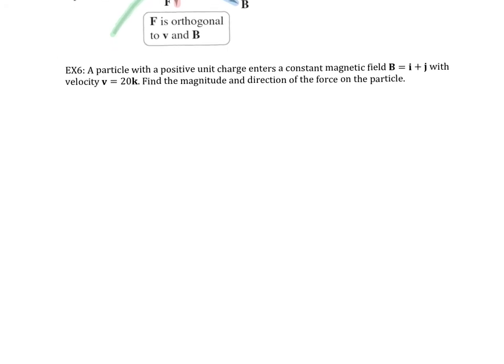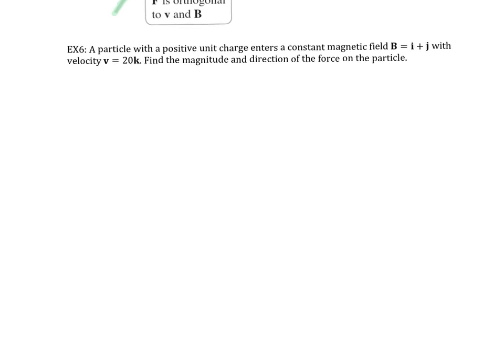In example 6, we're going to apply this idea. So let's say we have a particle with a positive unit charge, and it's going to enter a constant magnetic field B, and B is given as I plus J, with the velocity of 20k. We want to find the magnitude and direction of the force on the particle.